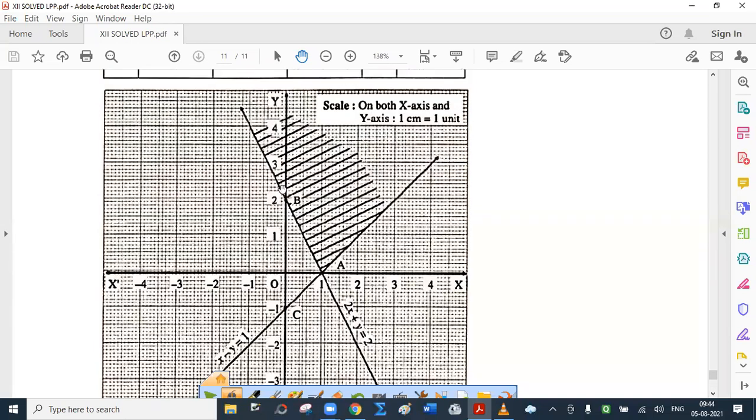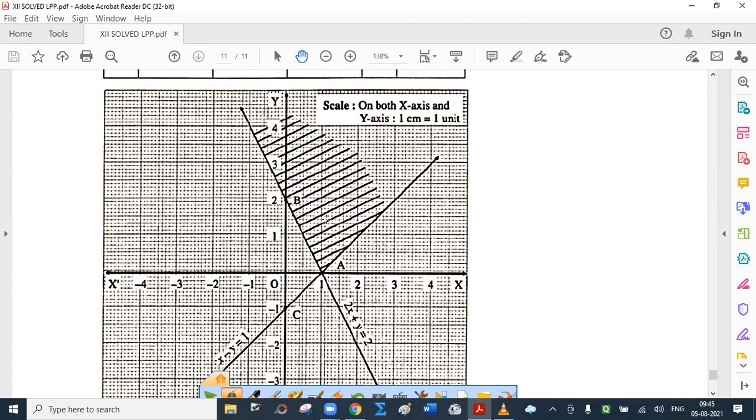Now you will ask me, how come we directly draw the common region? So initially, you may use horizontal lines to draw the graph of first inequation, vertical lines for the second, and then you may say that common region means the region which is shaded by horizontal lines and vertical lines is the graph of the solution set.